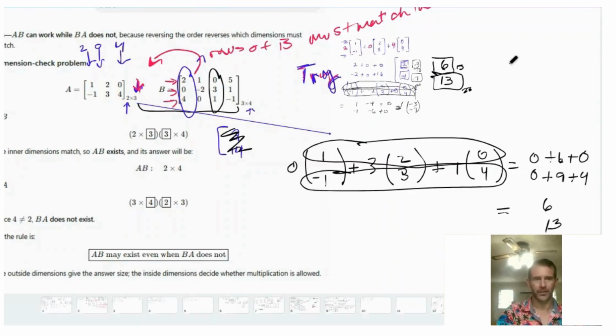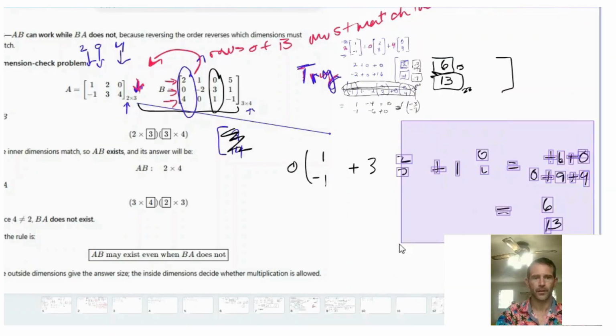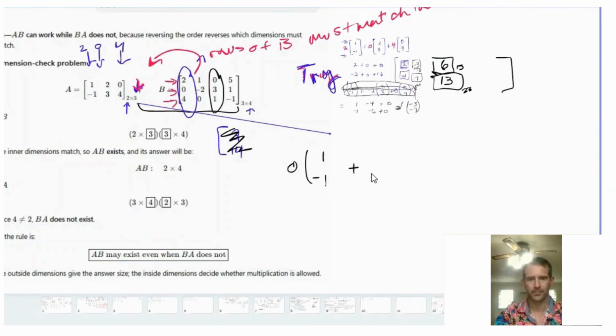Now moving on to the next. If we do the next here, it's going to be 5, matrix parentheses 1, negative 1. Sorry, let me erase this. Okay, we're at 5.